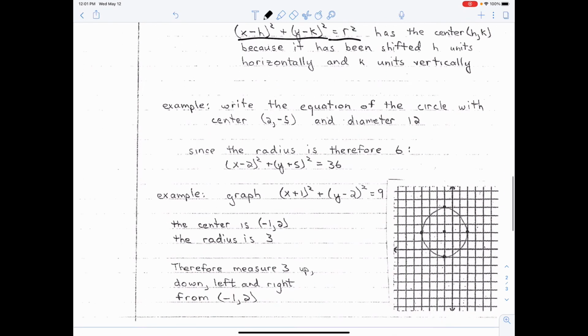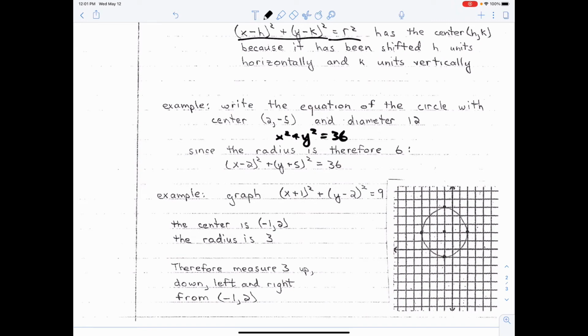Okay, so what's the equation of a circle with center 2 comma negative 5 and diameter 12? First of all, remember the radius is 6. So if the center wasn't 2 comma negative 5, it'd be x squared plus y squared equals 36, 6 squared.